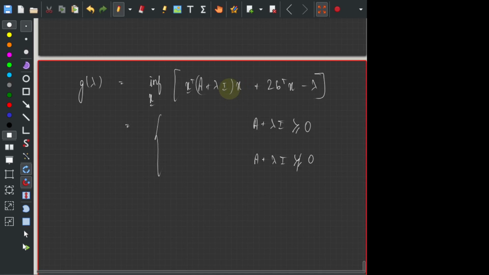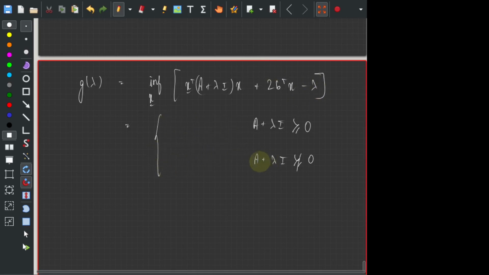Now what happens if I increase the norm of this x, just scale it up? It tends to minus infinity. So this quantity tends to minus infinity, and the overall quantity tends to minus infinity.